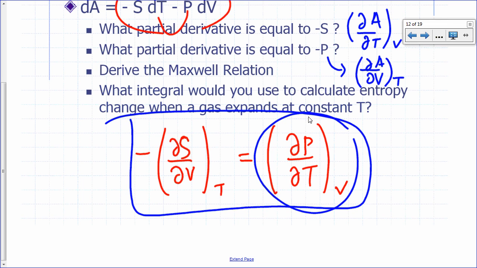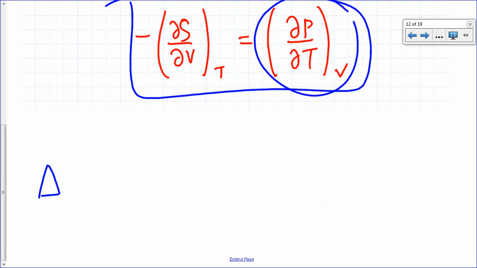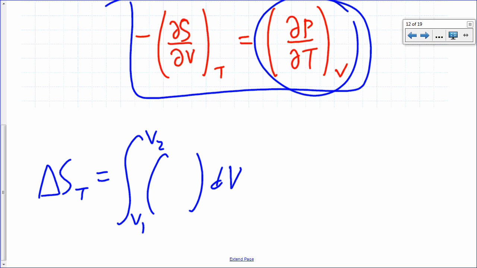So what will we do here? We say delta S at constant T as the volume changes from V1 to V2. So this is going to be dV. What partial derivative I put here? S with respect to V holding what constant? Temperature. And I don't like that derivative, so I replace it with a derivative that I'm more familiar with.